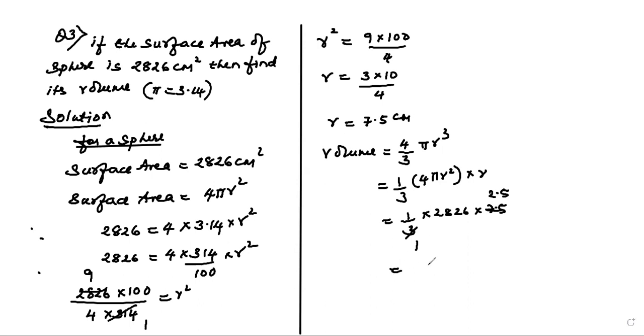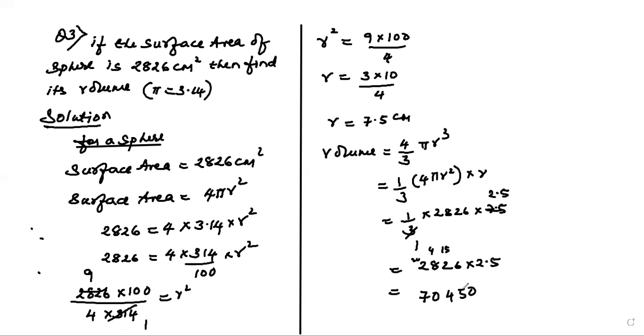So this becomes 2826 multiplied by 2.5. So 2.5 sixes are 15, 0 carry over. 2.5 twos are 5, 5 plus... Let's continue: 4 carry over, 2.5 eights are 20, 204, 20 carry over, 2.5 twos are 50, 70.